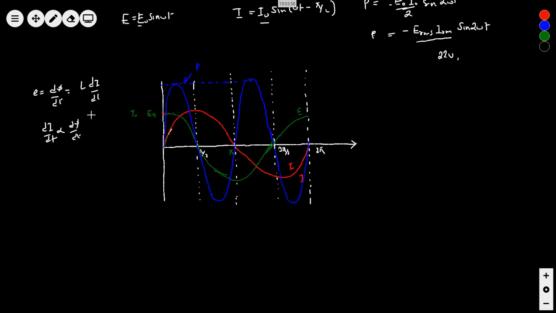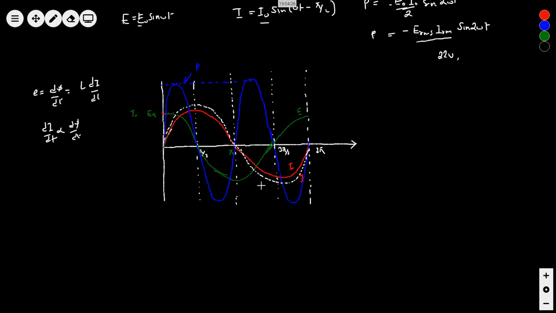But the magnitude of flux, the peak value of flux, will be a little bit more than the current. So I will show you with the dotted line here, using the white one now. It is following here. When I do the capacitive circuit also, I'm going to do that.